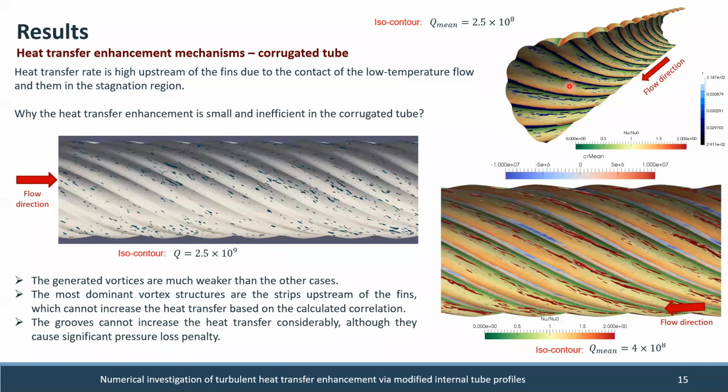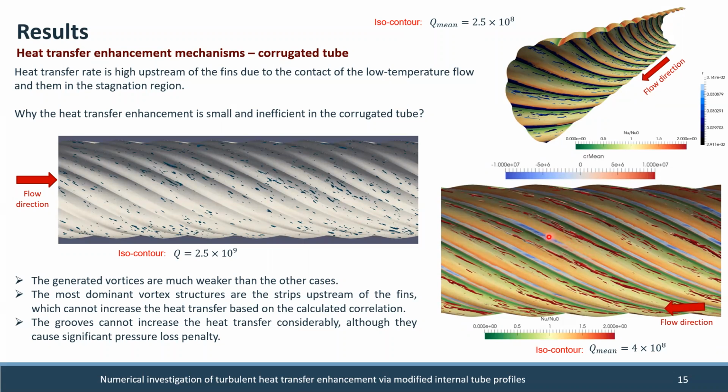And here I'm showing the time average Q criterion isocontours, and you can see that the dominant structures are these stripes which are formed upstream of the fins. But as they are colored here by the correlation, you can see that they are not red.